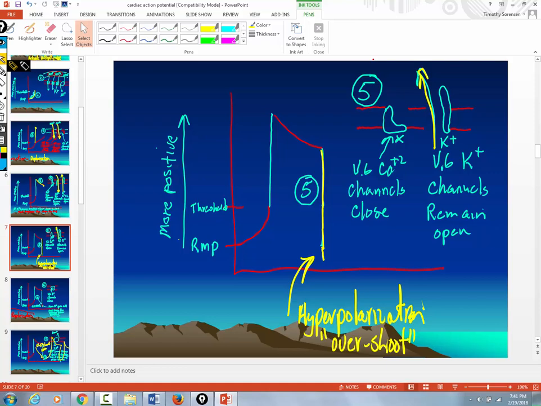So where would you see potassium changes on an EKG? The T wave, because where do you see the ventricles repolarizing? The T wave. Say yeah.